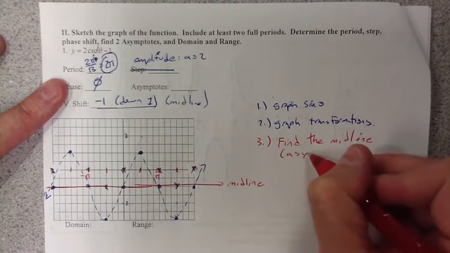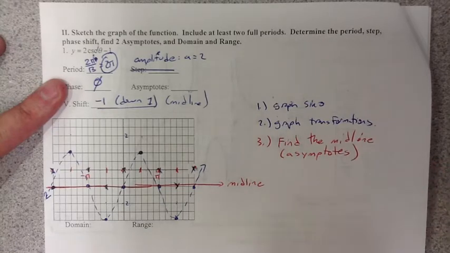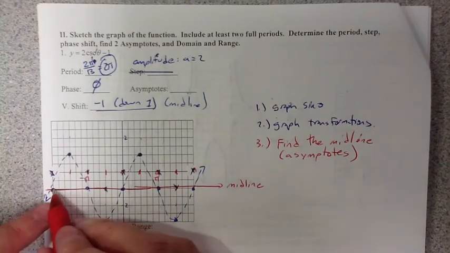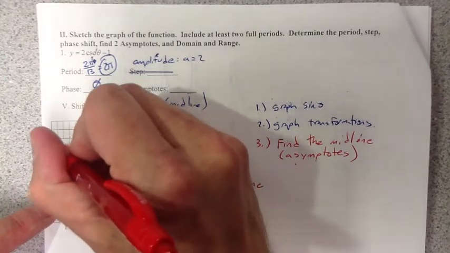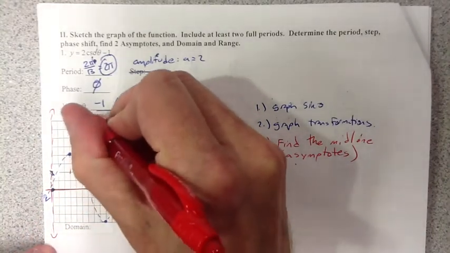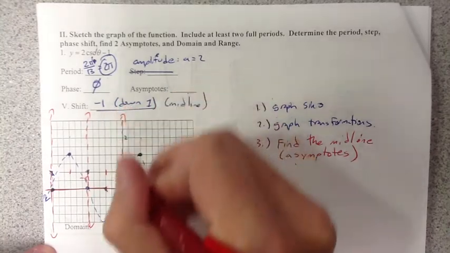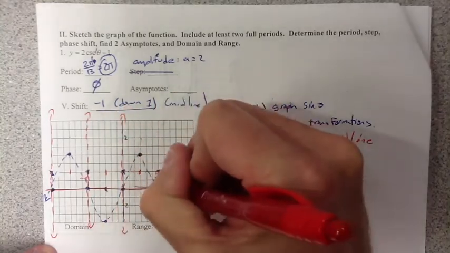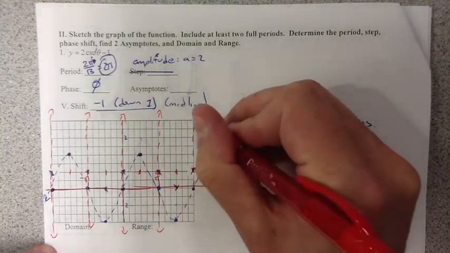These are where your asymptotes will be located. Everywhere it crosses the midline is an asymptote. So I draw my asymptotes here, here, here, here, and here.